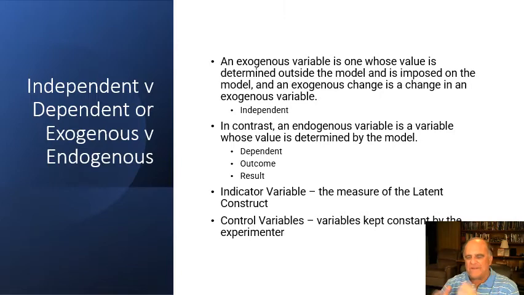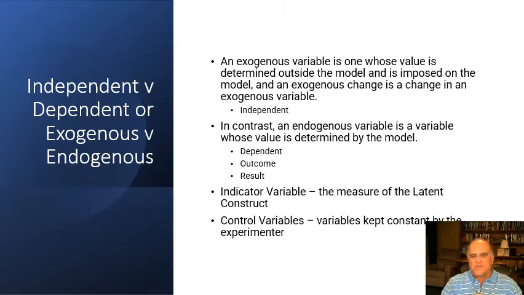And that's one reason why we might refer to these as endogenous variables. Endogenous is really just any variable that's determined by other variables within the model, where exogenous variables are determined outside of the model, or are independent of the model and therefore independent variables. So that's just another name for an independent and a dependent variable, an exogenous variable, and an endogenous variable.